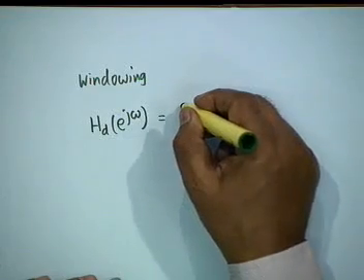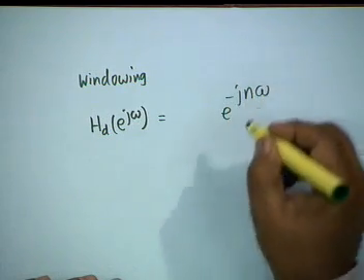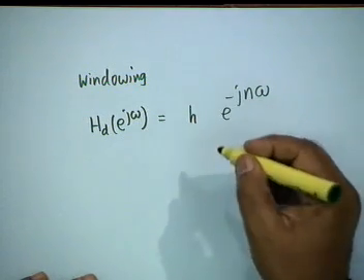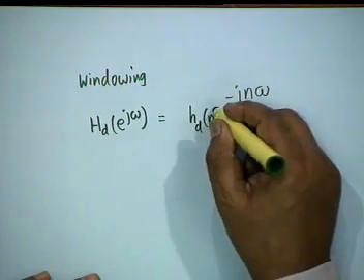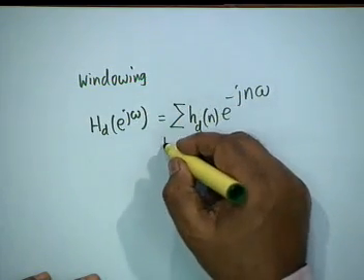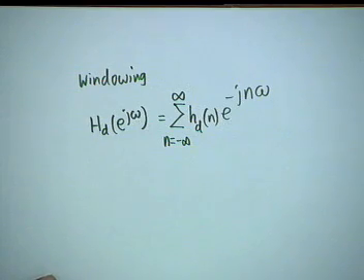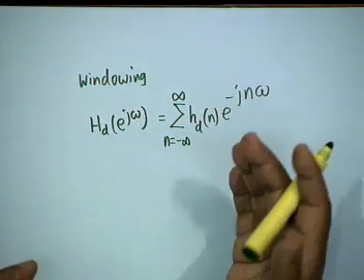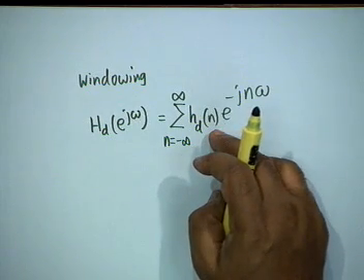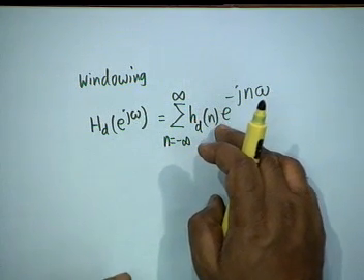So what you do is you expand this into a Fourier series, e to the minus j n omega, n equal to 1 gives you the fundamental, and there are some coefficients h_d(n), these are the Fourier coefficients, then summation, and in general you have to go from minus infinity to plus infinity. Agreed? This is the Fourier series expansion, which is the same as the Fourier transform of the sequence h_d(n), and therefore h_d(n) is the impulse response sequence.